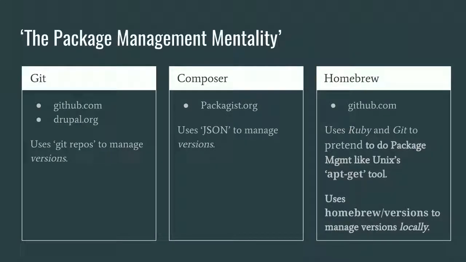For those of you starting in Drupal, you'll probably recognize the first two. Git, or let's say GitHub.com; Drupal.org uses Git repositories, and that is their prepackaged stuff where you can go get somebody else's work. Raise your hand if you have downloaded a module from Drupal.org.